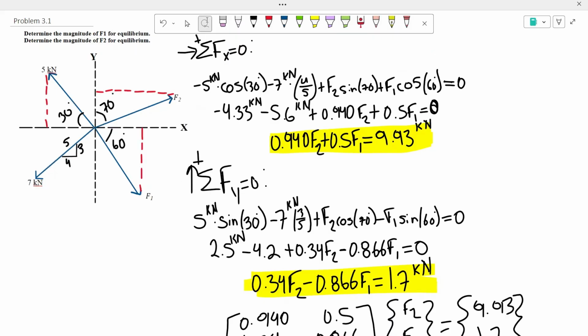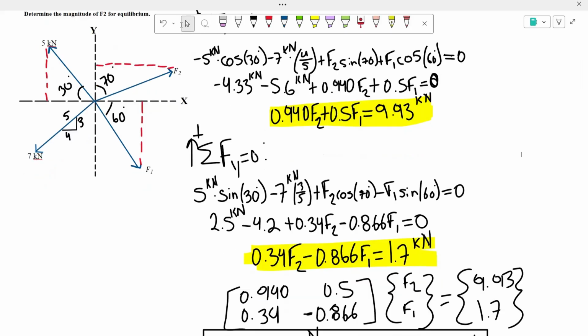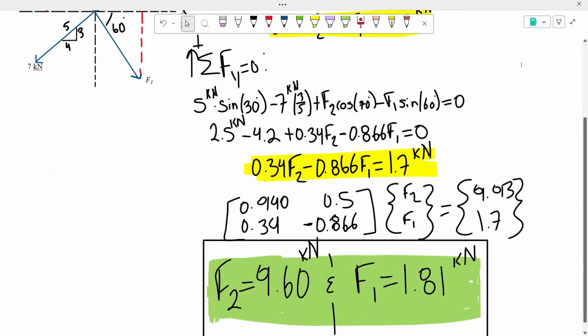From there, we simply use our equilibrium equations to solve for F2 and F1. So first we did our x components, and then we did our y components. We simplified them as much as we were able to. And then from there, you could input them into your calculator, or you could simply solve them by hand.